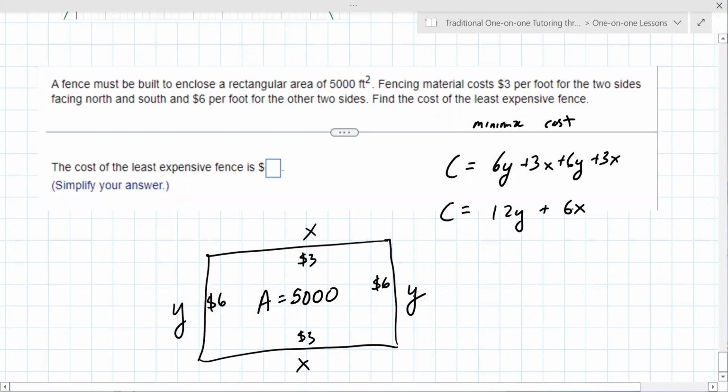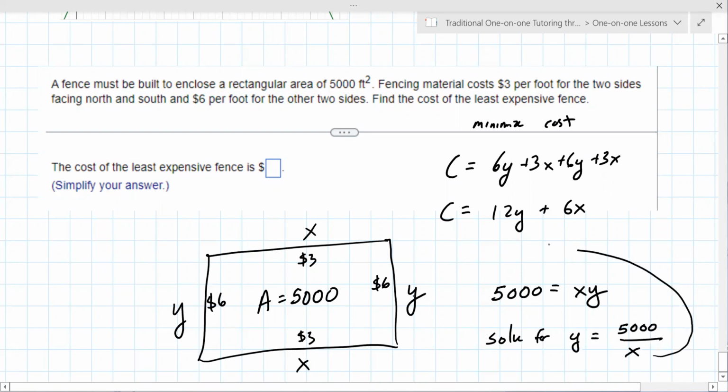And so you're trying to minimize this 12y plus 6x. And the problem is it's got two variables in it. So that's why they give you the area. They say the area is 5,000. 5,000 is x times y. And so just like we did in the previous problem, you're going to solve for y. So y is 5,000 divided by x. And that's what goes into this right here. So you always get two equations and you solve one for y and plug it into the other.